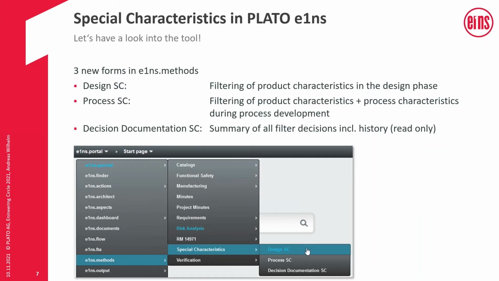We have here in 1ns methods now a new category called special characteristics. There you can find the 3 form sheets: design SC for filtering the product characteristics in the design phase, process SC for filtering the product characteristics and the process characteristics during the process development, and the decision documentation SC, the 3rd form sheet, which contains a summary of all filter decisions, including a history showing all decisions over time.